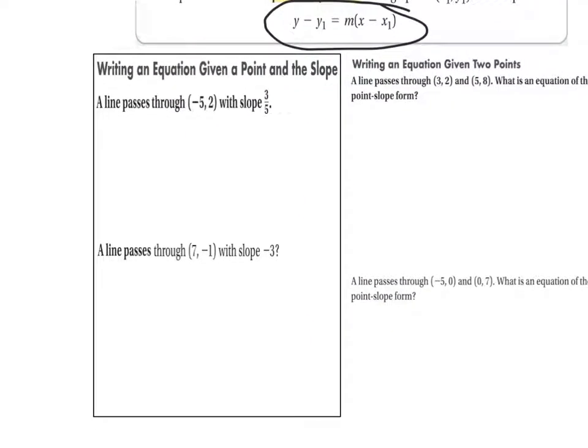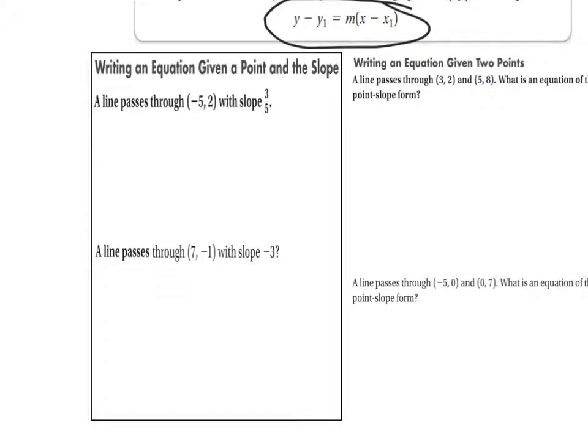It says here, write an equation given a point and a slope. The very first thing I do is label these. I know the slope is 3/5, so this is m. This ordered pair right here, negative 5, 2, is x1 and y1.